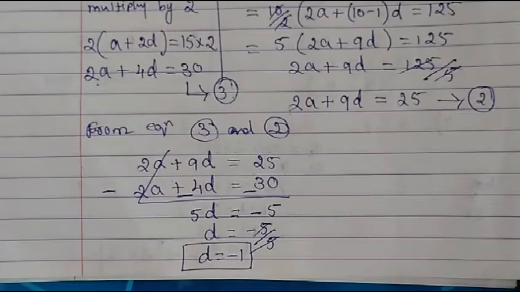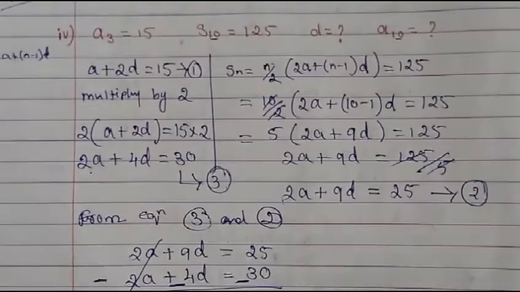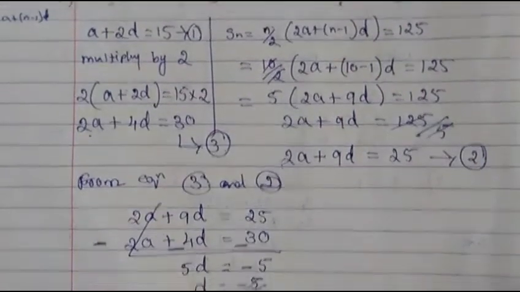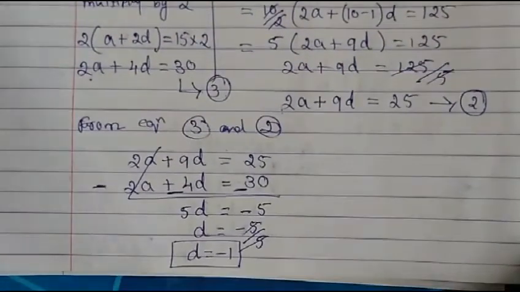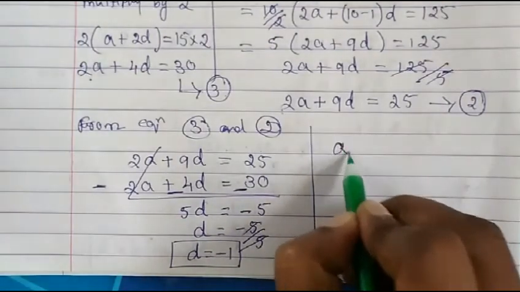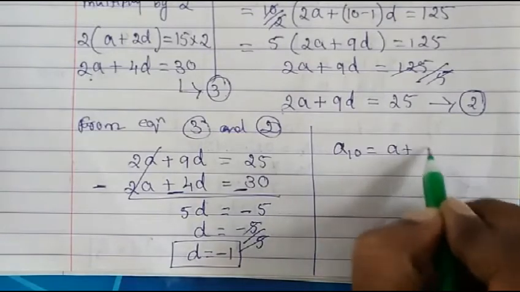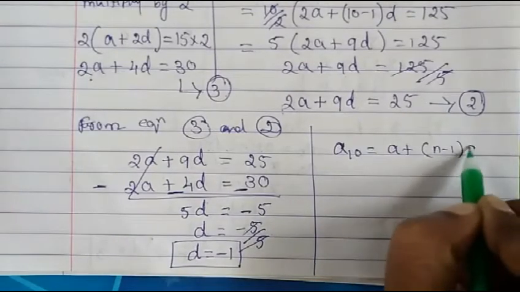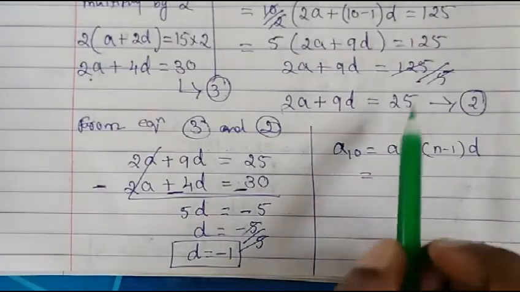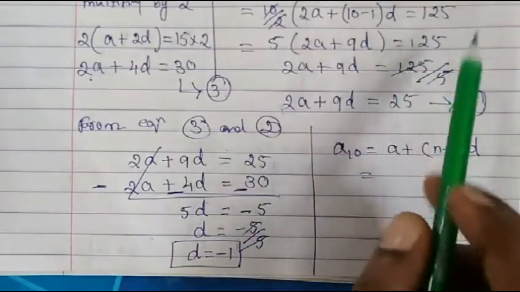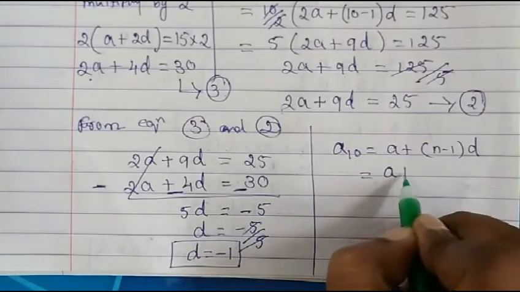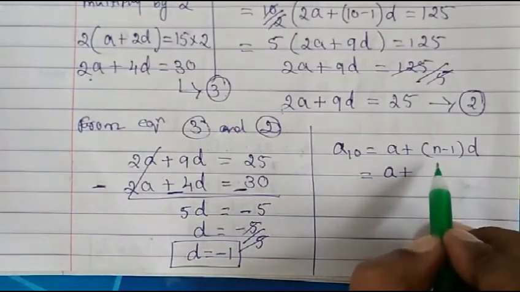So we found the d value. Now we have to find out a10. So a10 we can write down as a10 equal to a plus n minus 1 d. a we don't know.